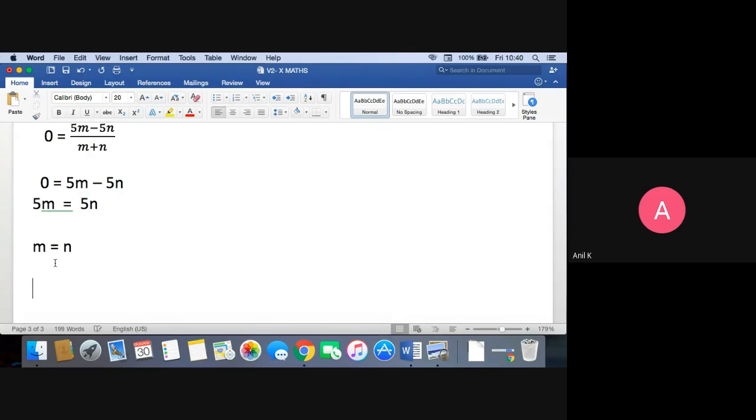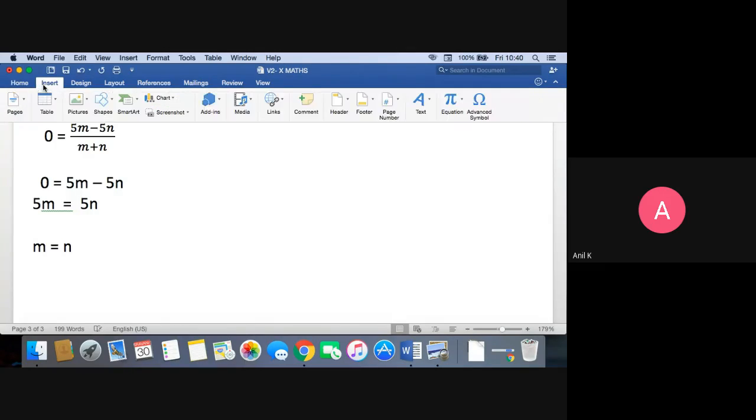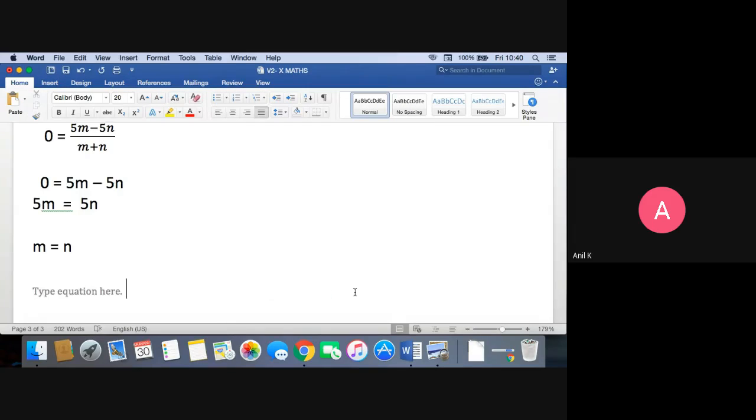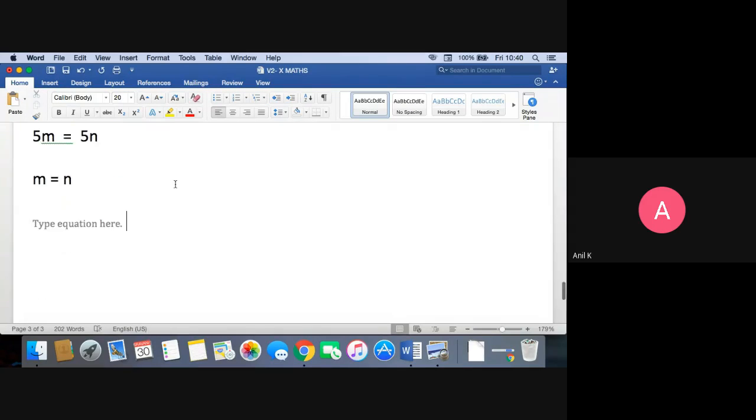So what do you mean by m equals n? Then the ratio will be 1 is to 1. Because if m equals n, then m upon n is 1 upon 1 only, right? Because m and n both are equal.